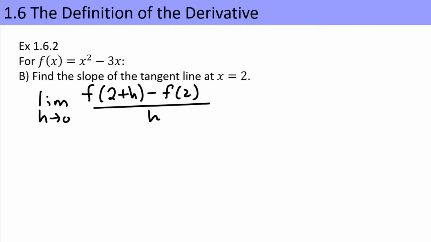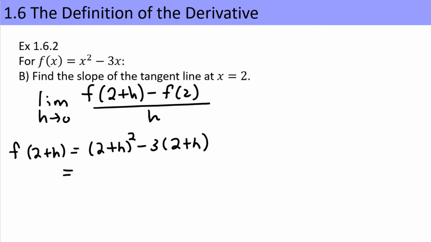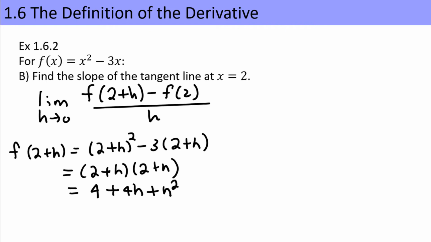Let's compute the parts. f(2+h) will be the quantity (2+h)² − 3(2+h). (2+h)² is (2+h)(2+h), which will be 4. Remember doing the FOIL. Then 2h + 2h is plus 4h plus h², and then distribute the −3 to the term 2+h, so −6 − 3h.